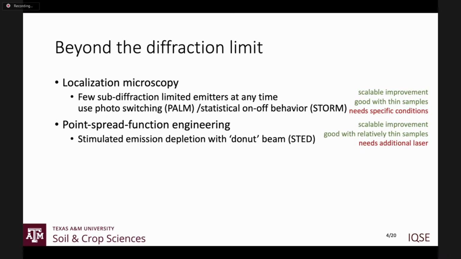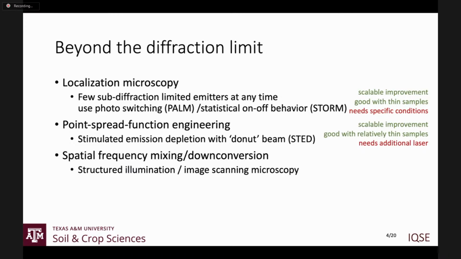Again, this works well with relatively thin samples, because away from the focus this donut doesn't restrict the excitation as much anymore. And you need an additional laser to make that donut beam.